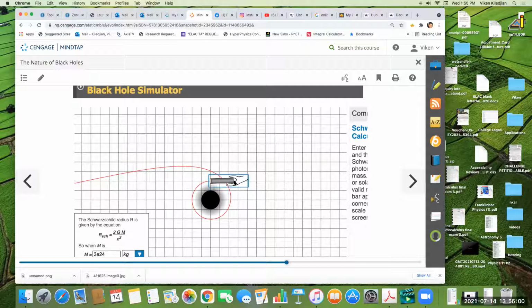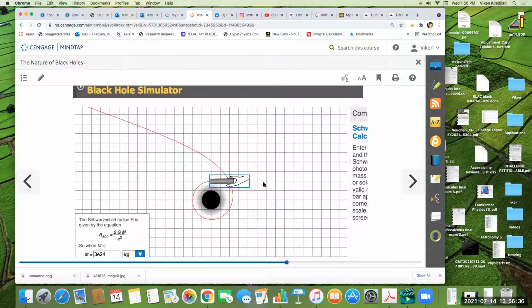Maybe rotate a bit. Not quite. I wasn't able to get it.